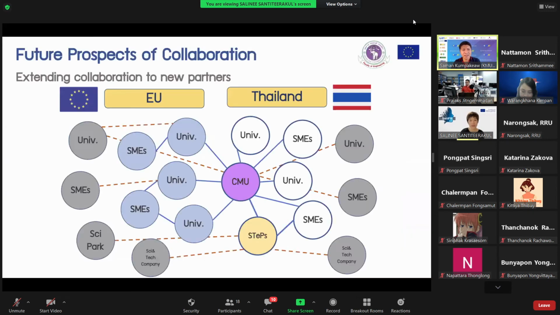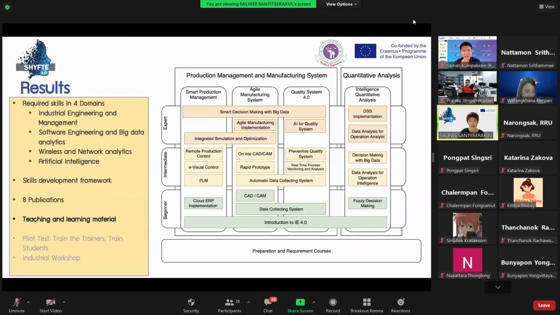Okay, so I got the answer for you for the first one. SHIFT stands for building skill through university and enterprise collaboration. Actually, we cannot find what the F stands for in the acronym.